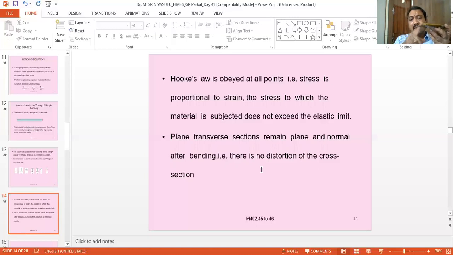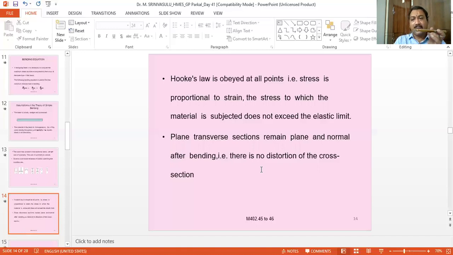The plane means it has a straight section. That means before bending it has a straight section, a straight line. Now after bending also the section will remain transverse. So it shouldn't bend. Before bending and after bending, the section must be transverse.